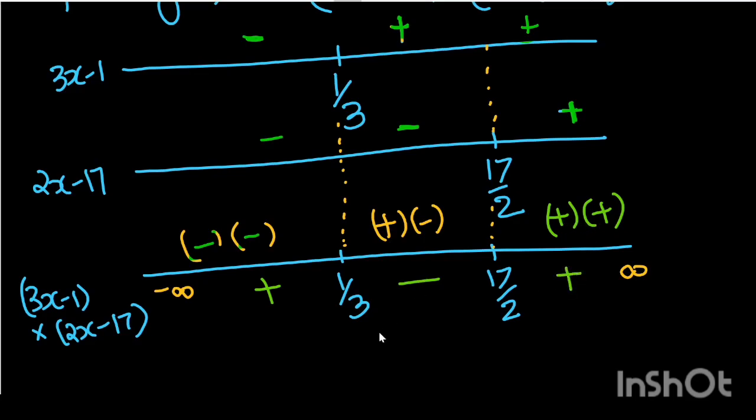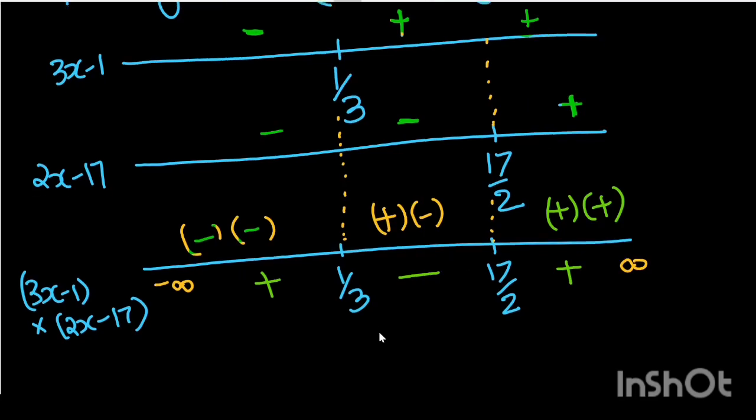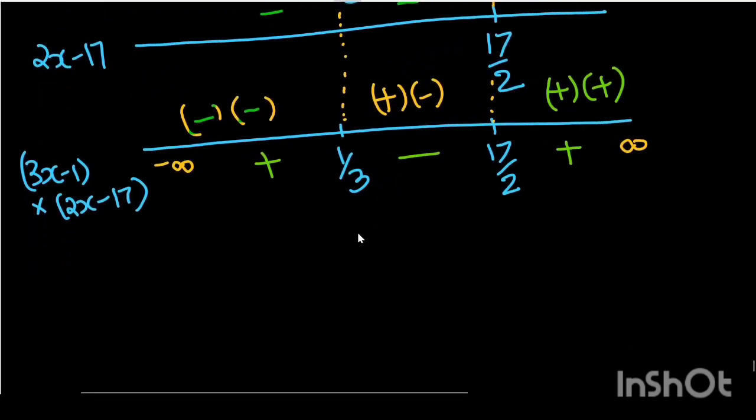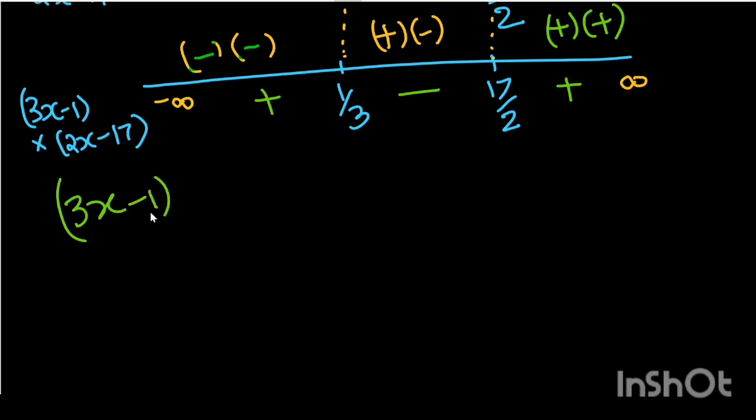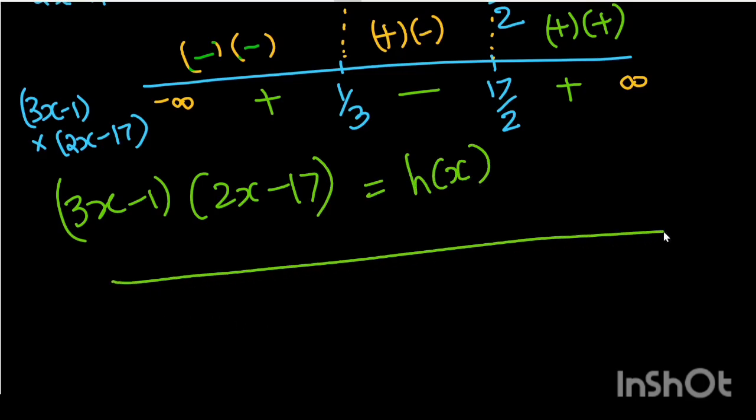So for 3x minus 1 into 2x minus 17, guys, let's say this is some quadratic expression h(x), the sign that we got was plus, minus, plus, with 1 by 3 followed by 17 by 2.